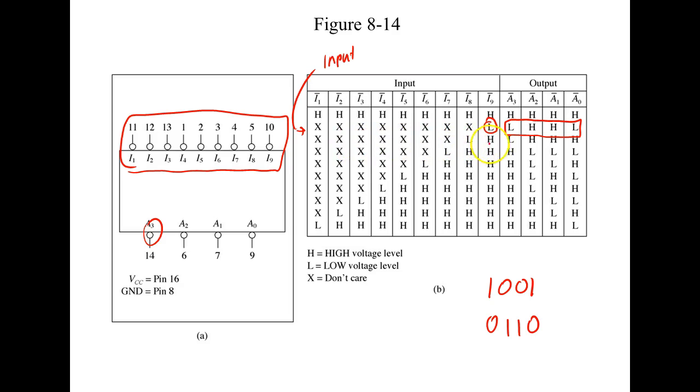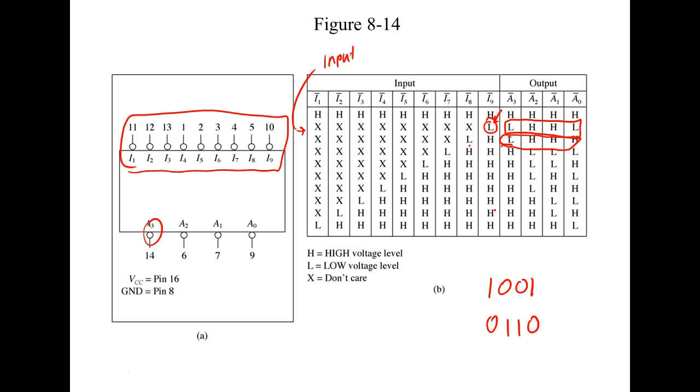So here, input 9 went low, and it decoded inverted 9. Here, input 8 went low, and it decoded inverted 8, right? You'll see what I'm talking about? Yes or no? Yeah, this is a low active output.